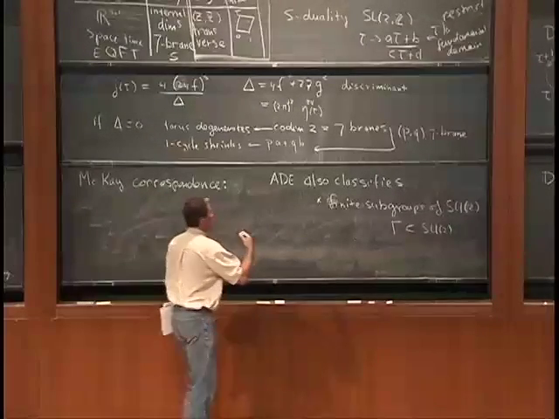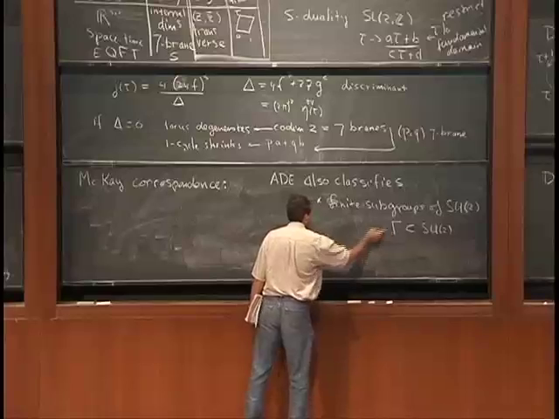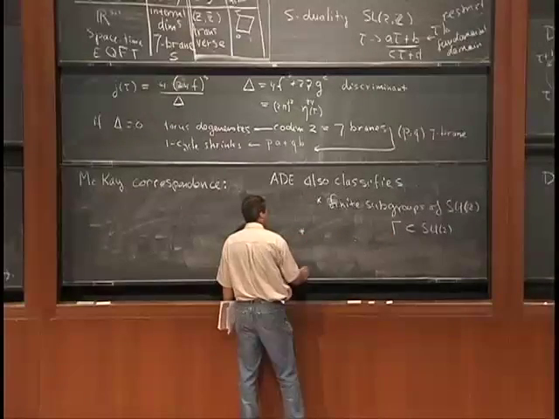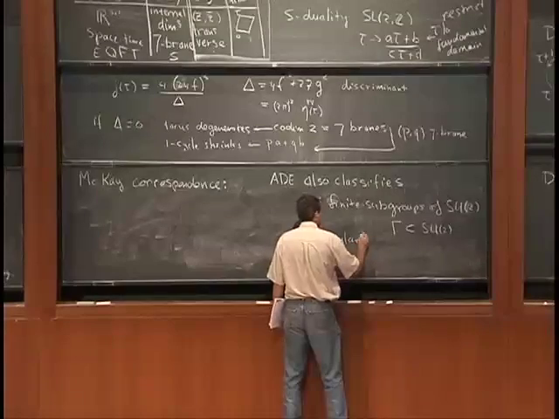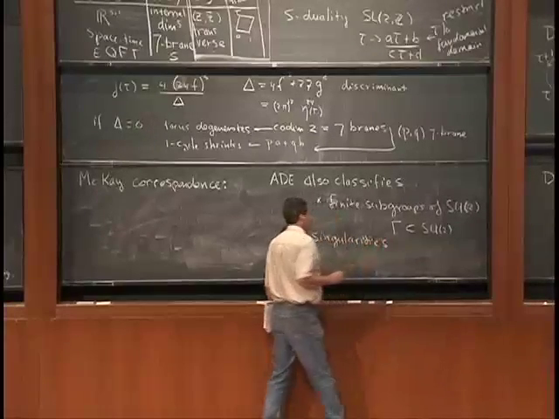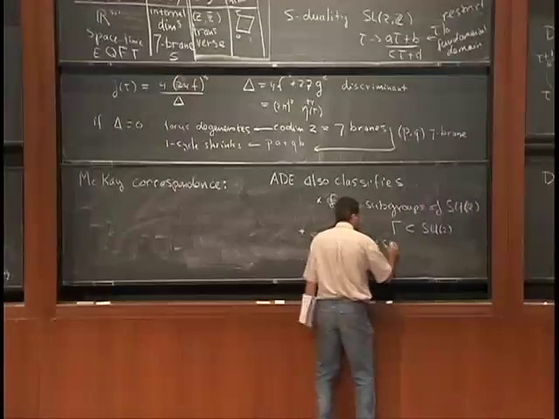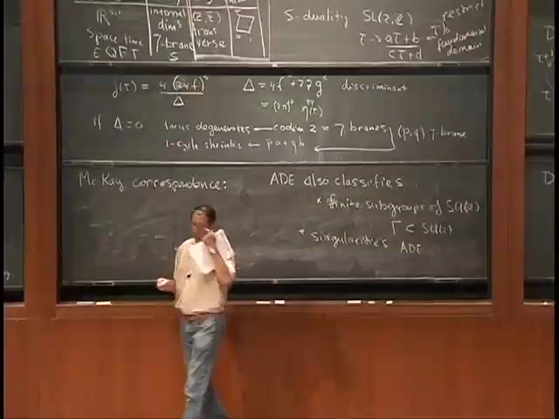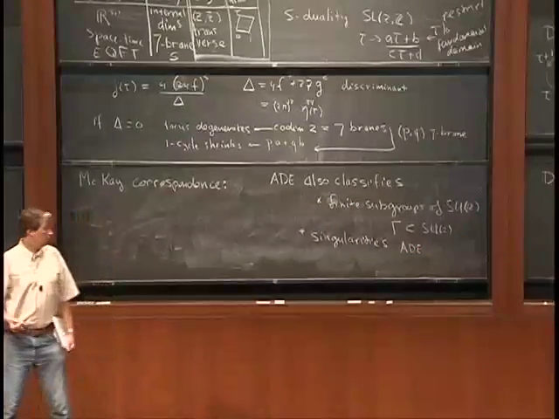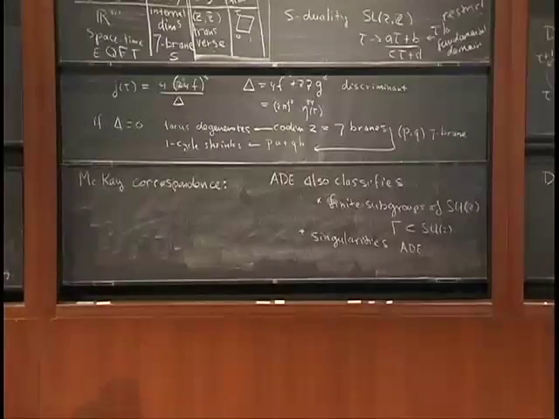So for every Lie group, there's a corresponding finite group of SU2. And then there are also things we know as singularities, which I'll write down in a second what they are. They also fit in an ADE pattern. And there may actually even be other things.